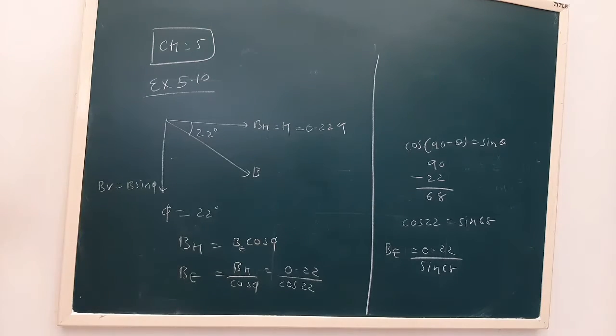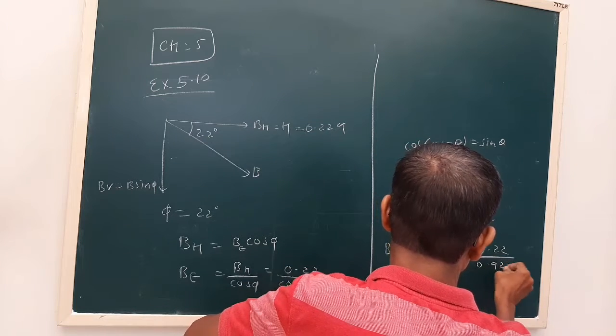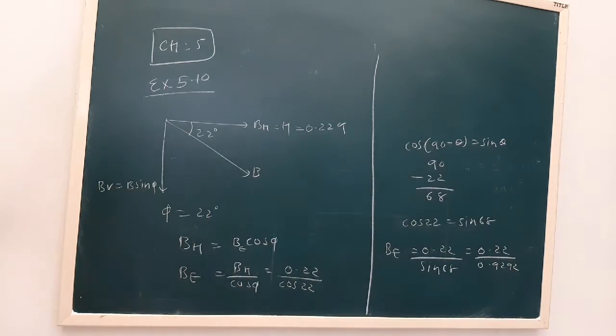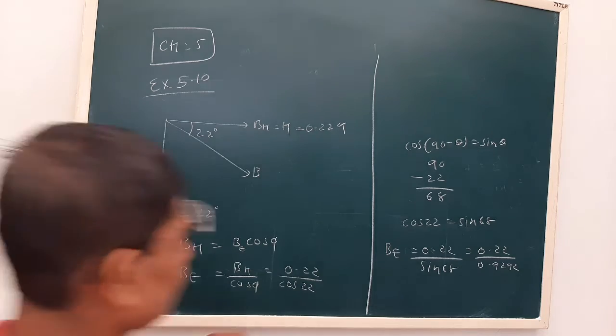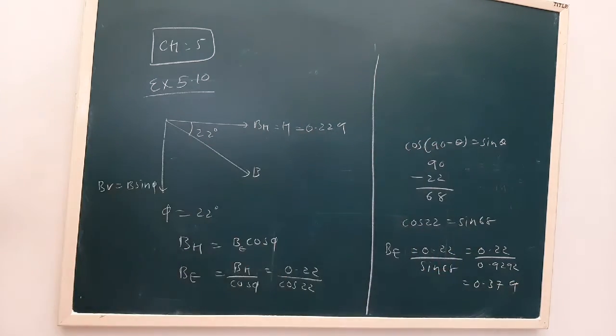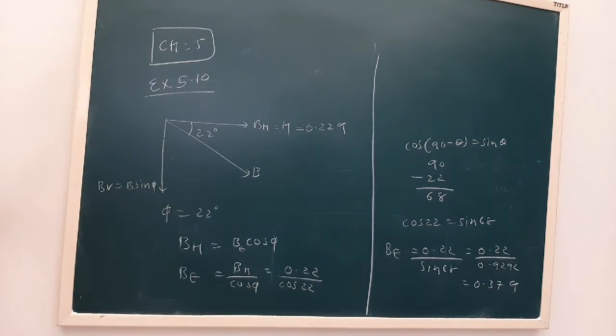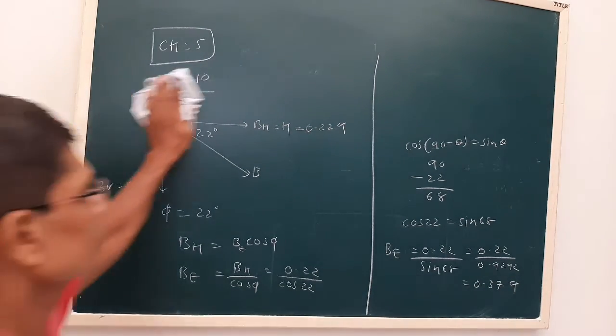Sin 68, from the table, is 0.9292. So we get the value 0.37, which is the value of the magnetic field. Next is exercise sum number 5.11.